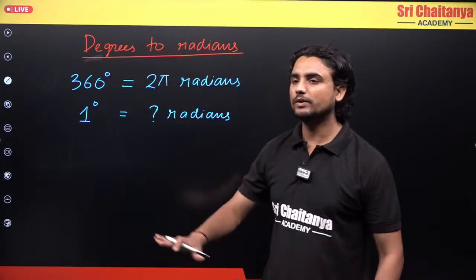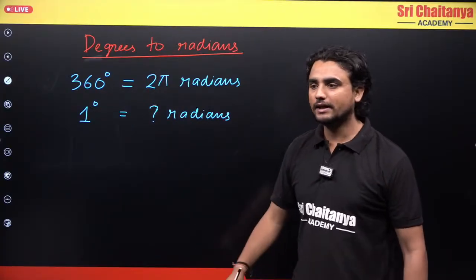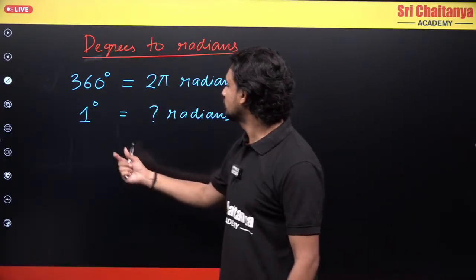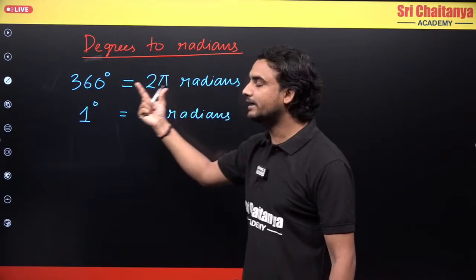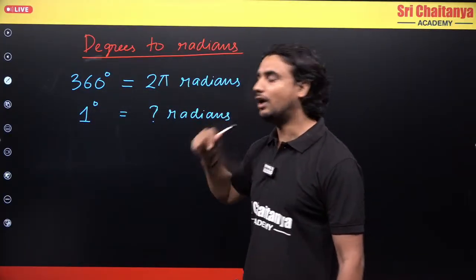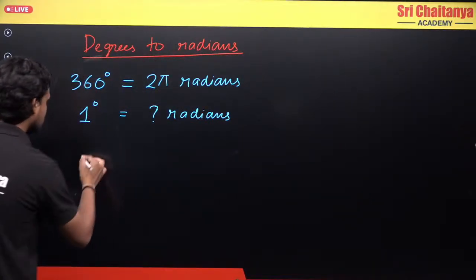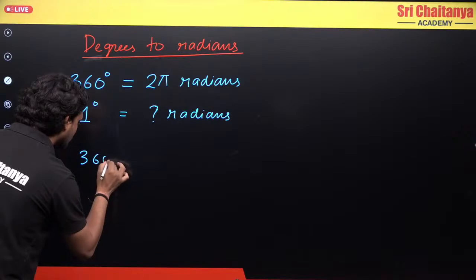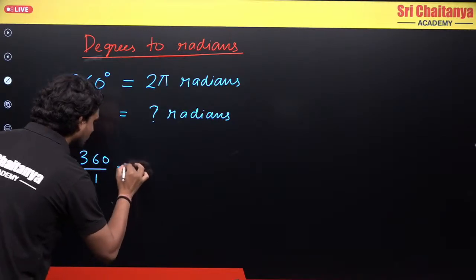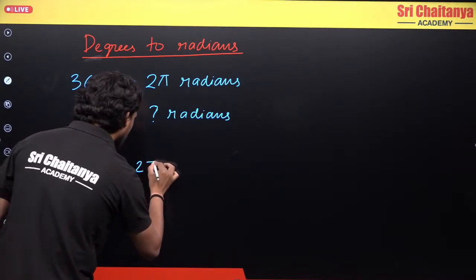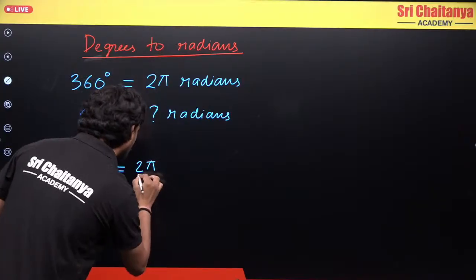If 360 degrees equals 2 pi radians, 1 degree is equal to how many radians? 360 upon 1 is equal to 2 pi upon x radians.